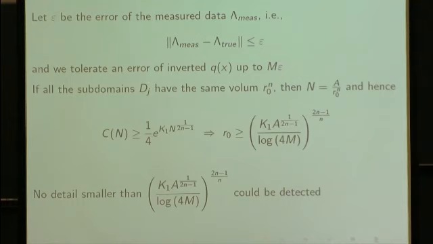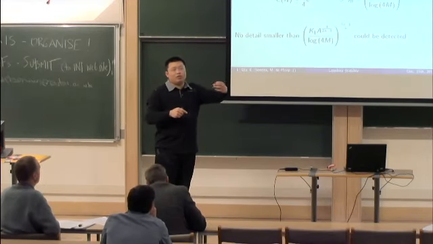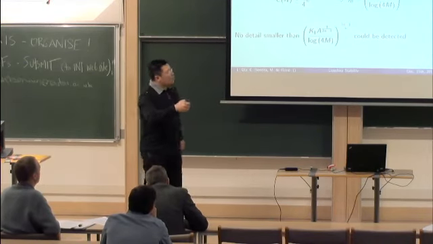Yeah. If all the subdomains Dj have the same volume R0 to the power n, that means in the trivial case you have a calculation domain like this, and you divide it into, for example, if you use finite difference, small cubes.